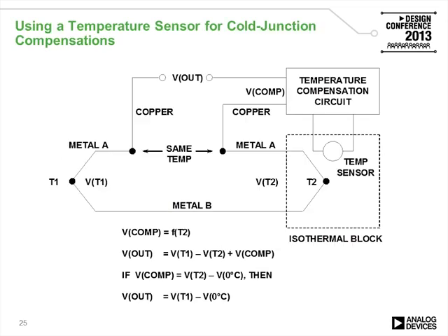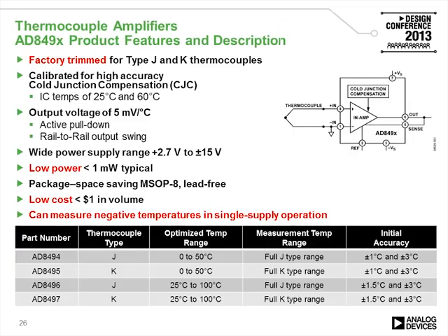This is known as the Cold-Junction, and there are many ways to do it. One is to freeze it at a constant temperature, or another way, which is much more common now, is to sense that temperature at the cold junction and compensate for it.